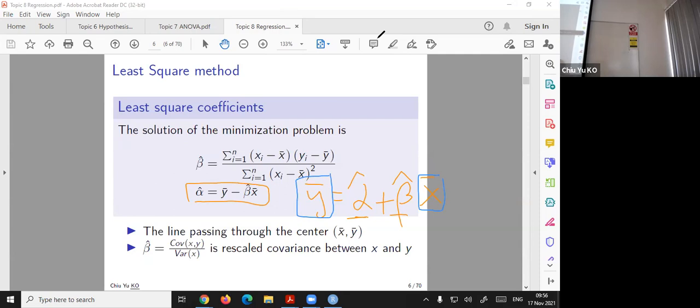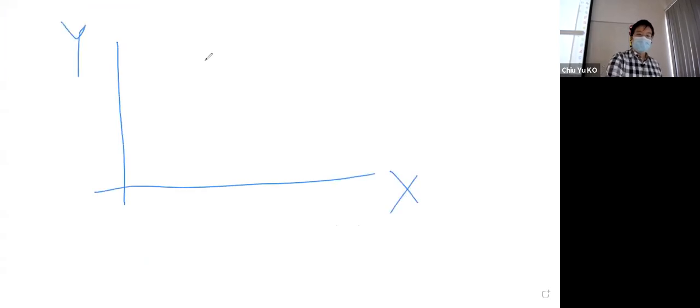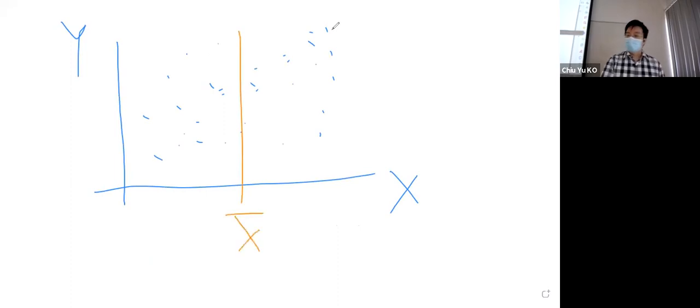Let's do it graphically. This is the scatter plot. This is x, this is y, and you can imagine there's data here. Look only at x, the mean of x will be here. Forget about the value of y, look at every observation, the value of x, and you can calculate x bar, which is x1, x2, up to xn over n.